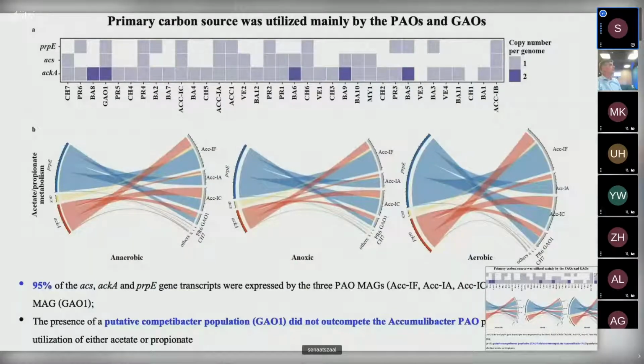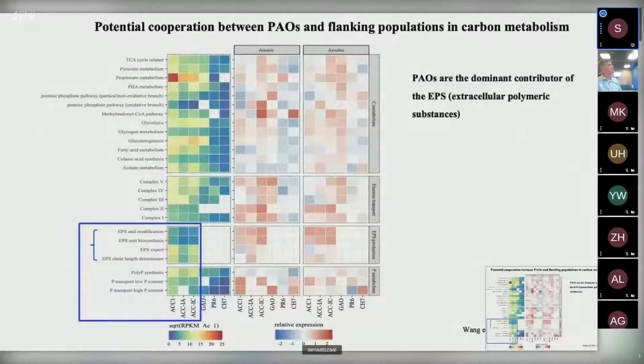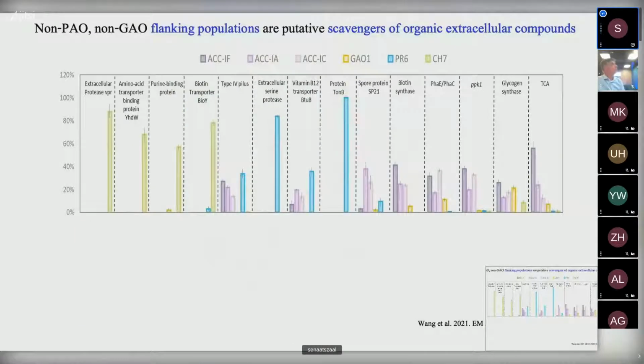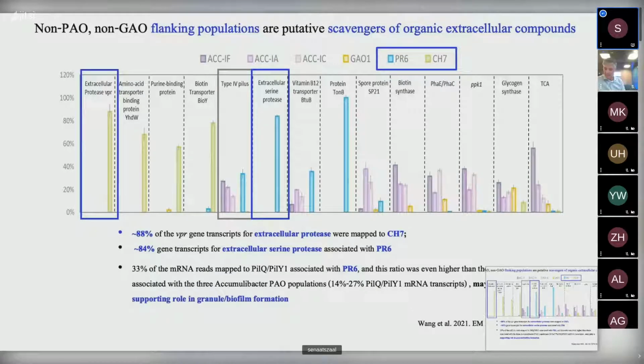With this, I'm going to switch gears and briefly introduce the potential cooperation between PAOs and the flanking populations in carbon metabolism. The 3 co-occurring PAOs are dominant contributors of extracellular EPS, while the 2 flanking populations PR6 and CH7 are putative scavengers of extracellular organic compounds, and PR6 may also play a supporting role in granule biofilm formation.